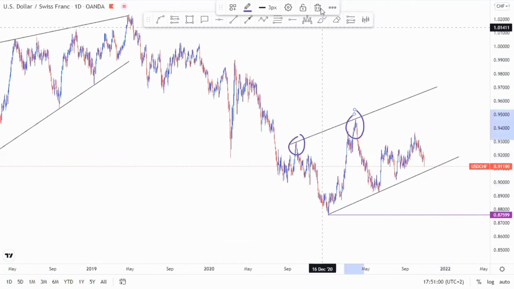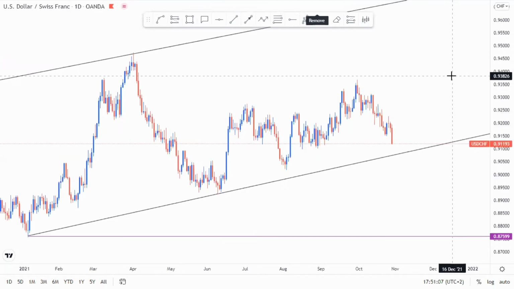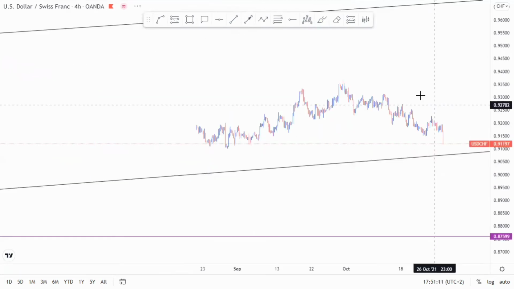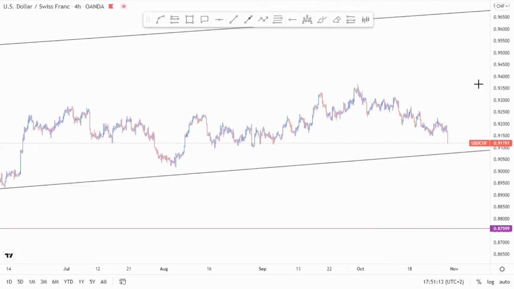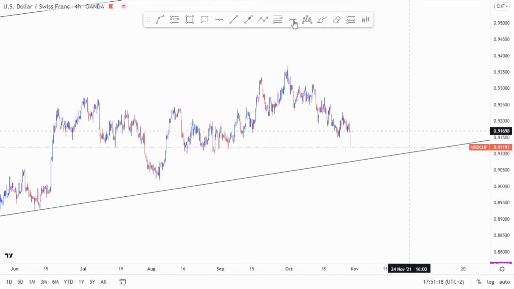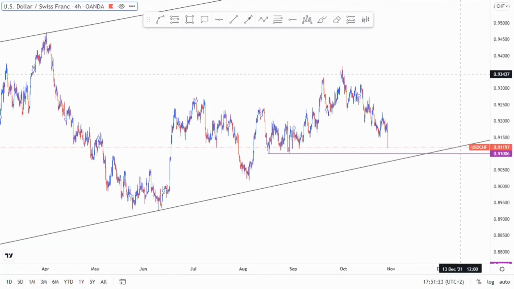So let me dive into the analysis on the 4-hour time frame to get a clear picture. And on the 4-hour time frame, I will be looking for a reversal on the trend line. So let me just highlight this low here, where I expect price to reverse.